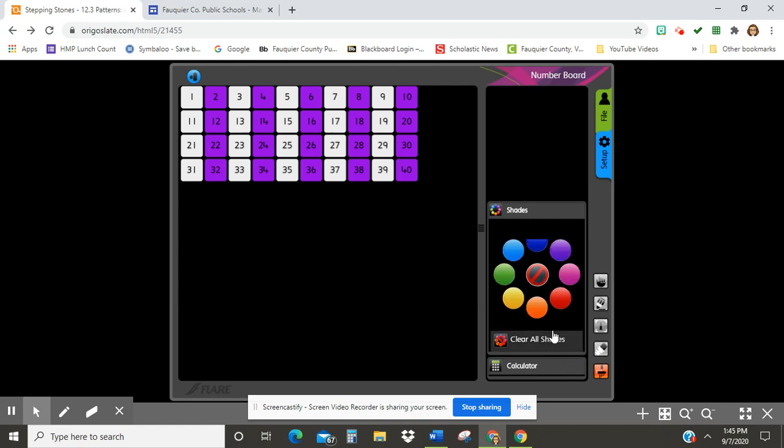Let's get another color. Now we're going to do the multiples of 4.